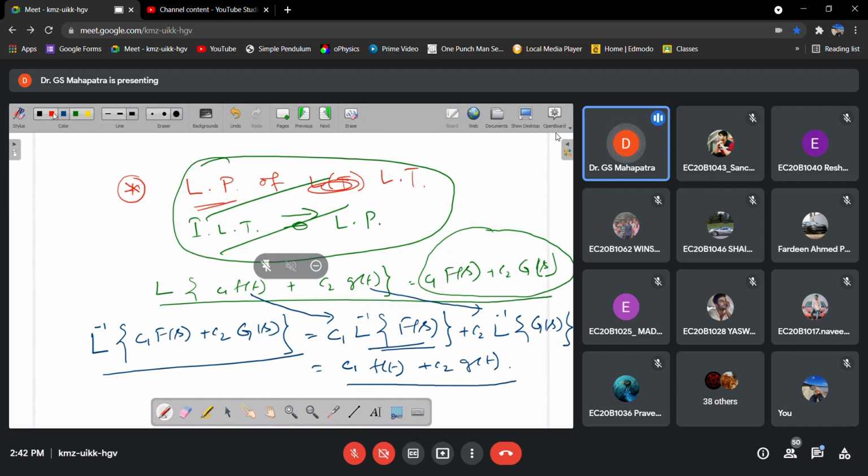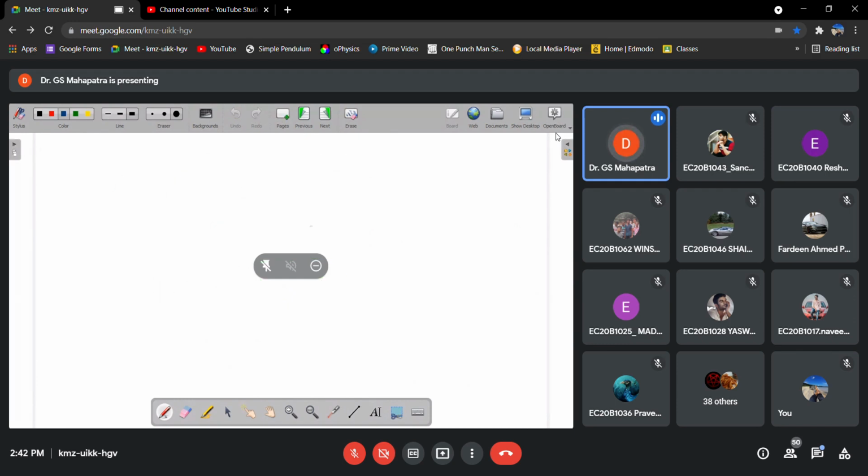Now, before we start examples of the inverse Laplace transform, some well-known Laplace transforms you have already studied. Something we will write here. So f(t) and its Laplace transform.